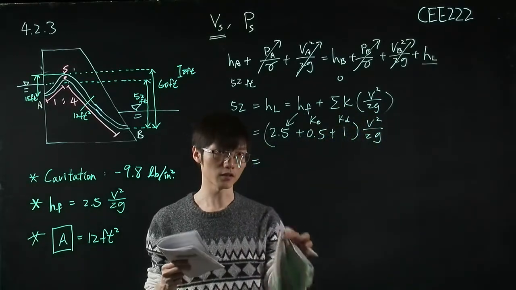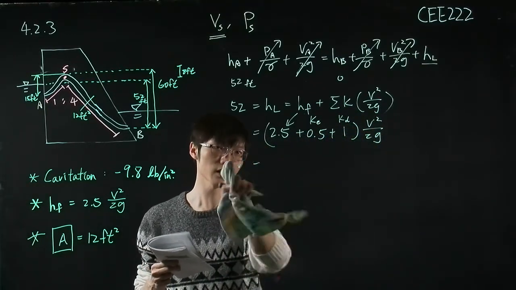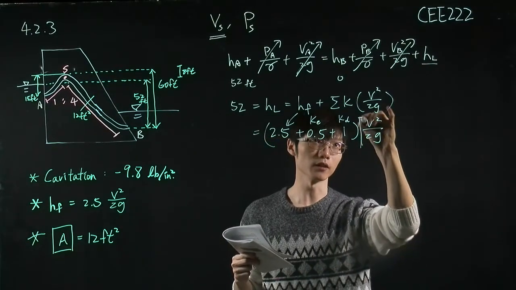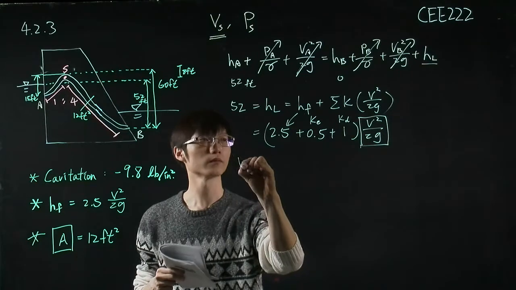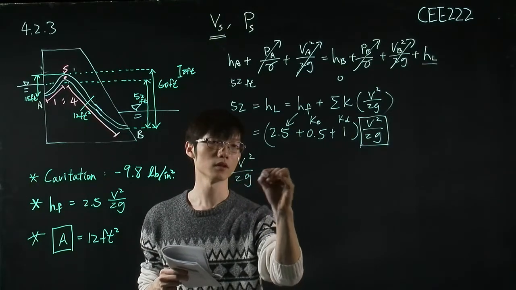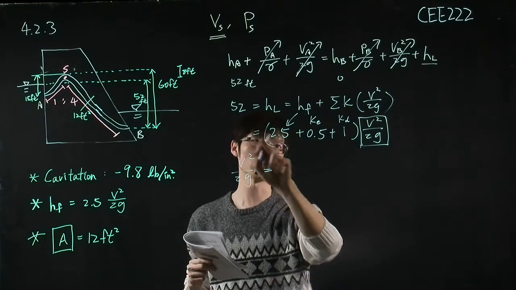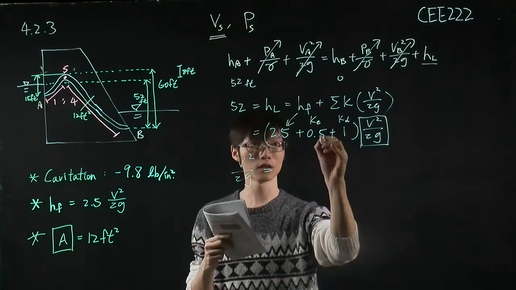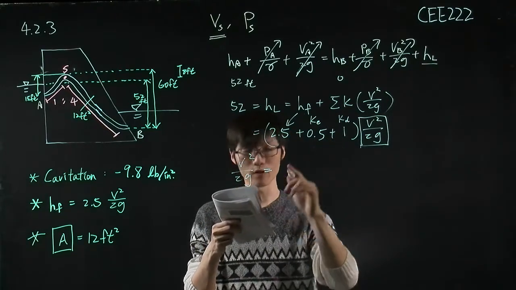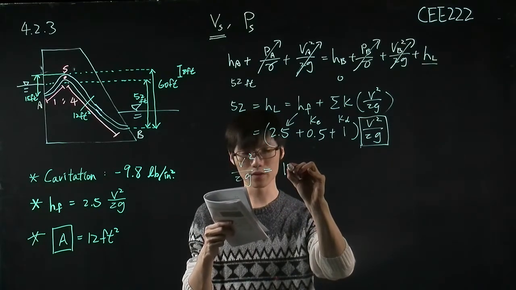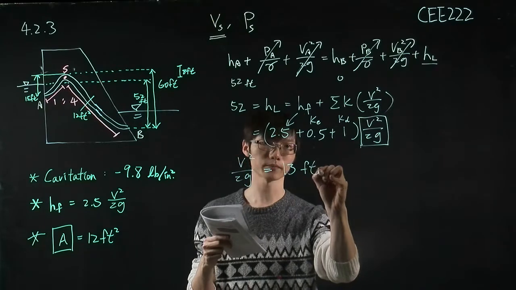So instead of calculating the velocity directly, we calculate the value of this term by dividing 52 by this summation. You will get that the velocity term is equal to 13 feet.